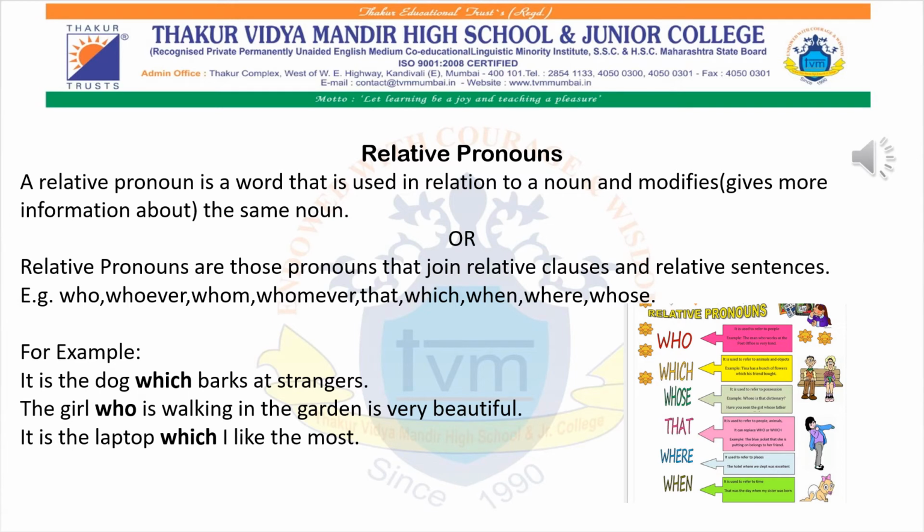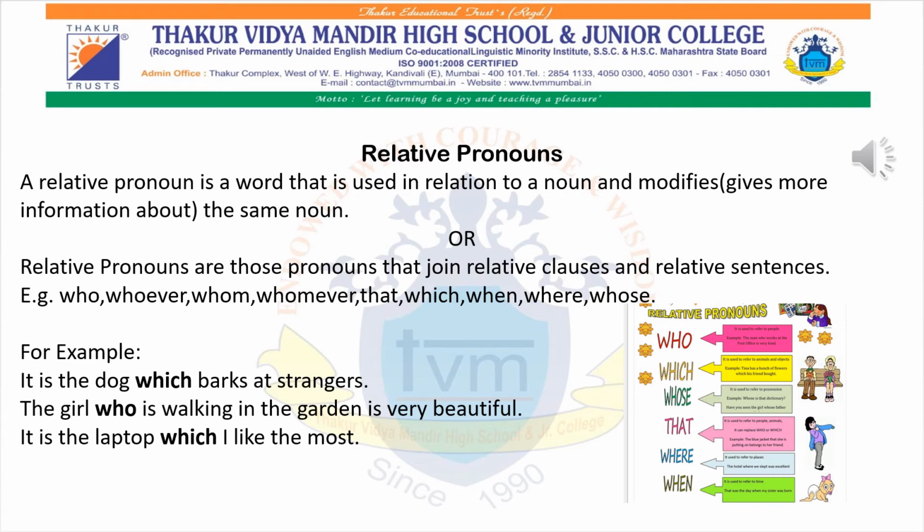Just keep one thing in mind: if there are two different sentences joined by a pronoun, then that particular word identifies a relative pronoun. A relative pronoun acts like a conjunction. I'm giving you all a small tip to remember that.